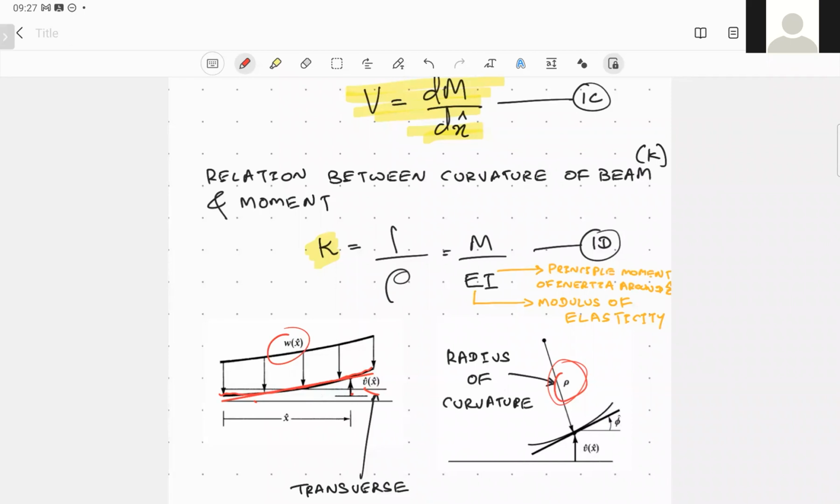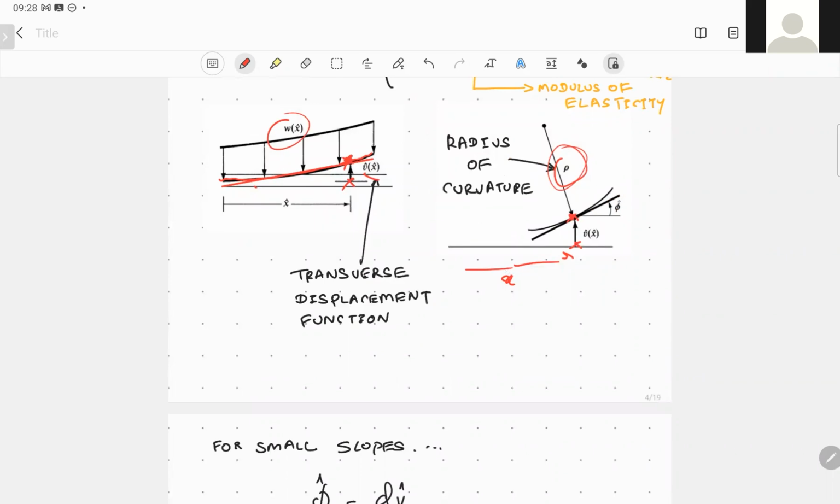If you consider a point on the deformed beam and the original location of the beam, I'm discussing along the x hat direction.